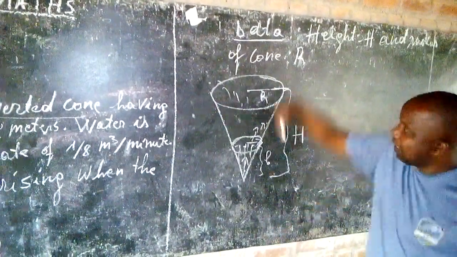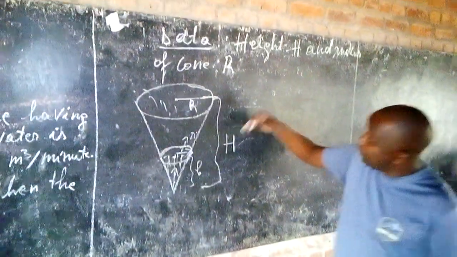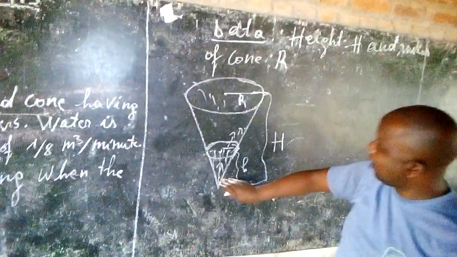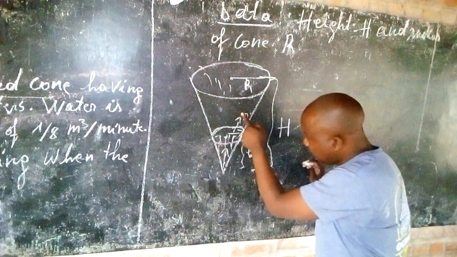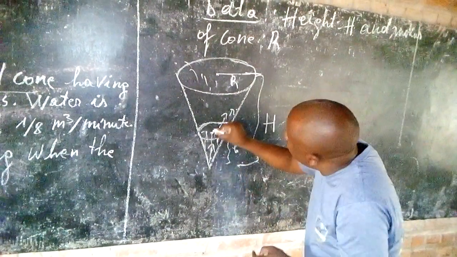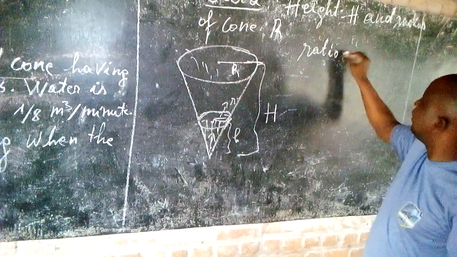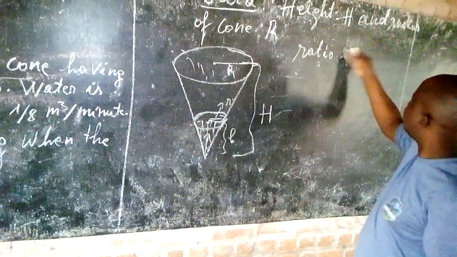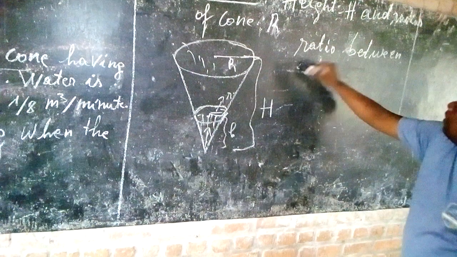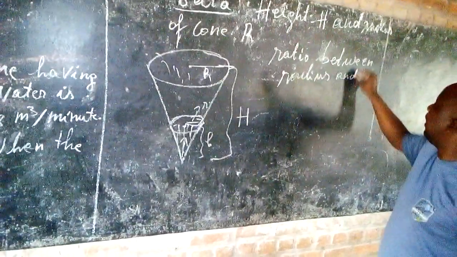Because the water is flowing into the cone, the height increases, and also the radius from here up to here increases. It means there is a ratio between the radius and the height.